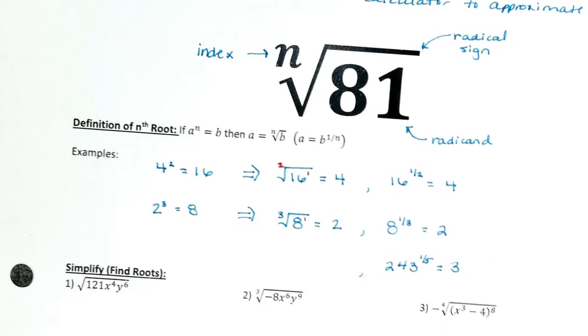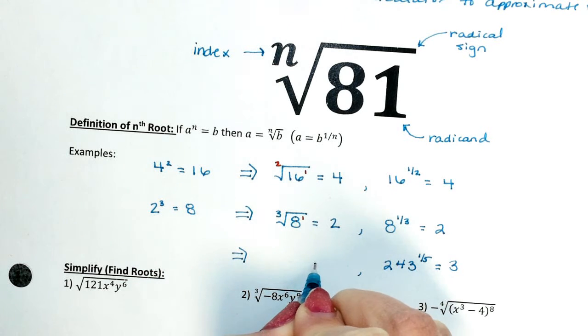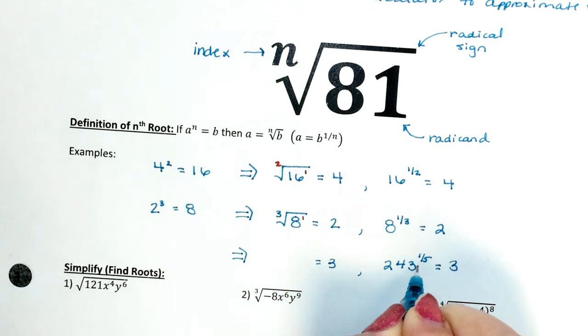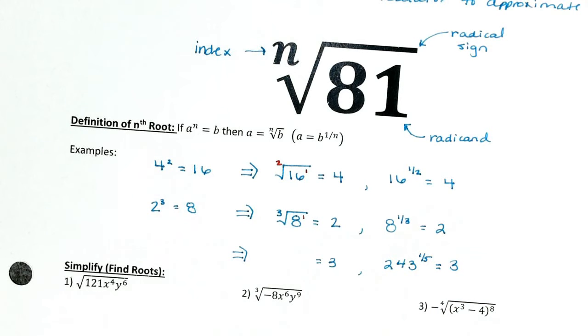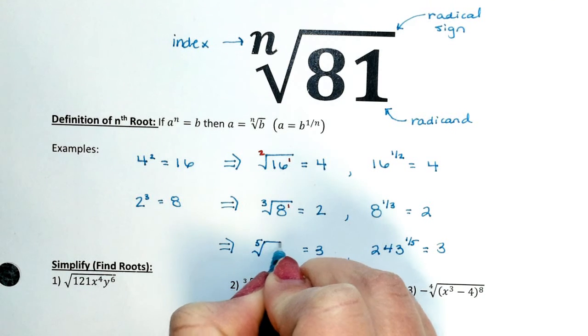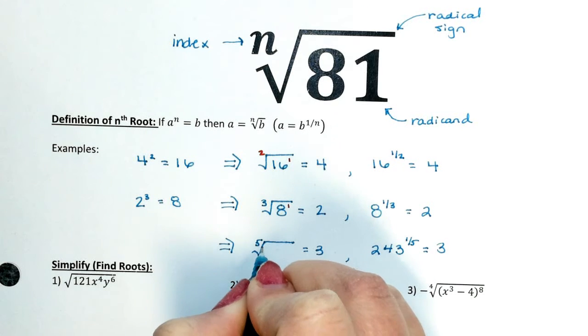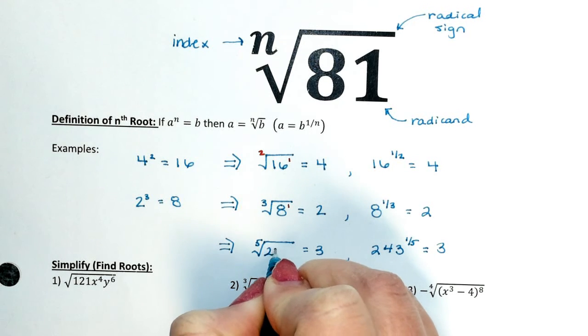You should get 3. Okay, what is the radical for 243 to the power of 1/5? How would I write that as a radical with a radical sign? Go ahead. It's the 5th root, so we have a 5 on the outside of the radical, 5 is the index, 5th root of 243.